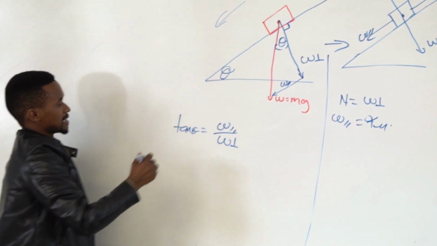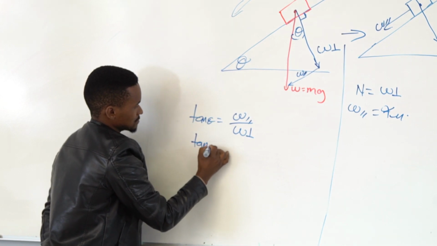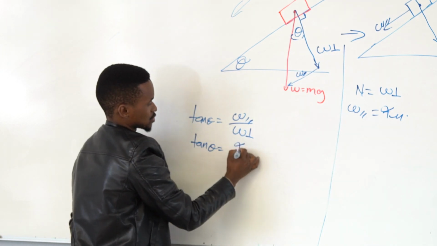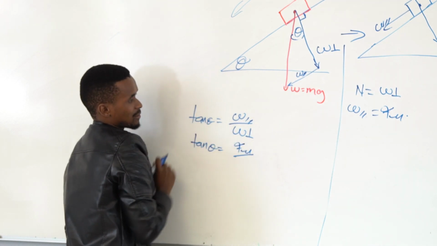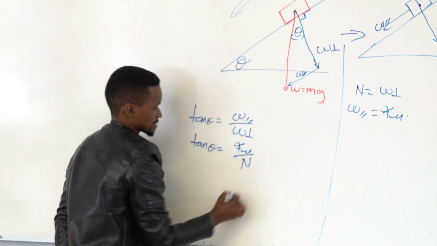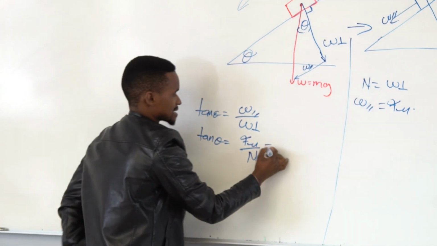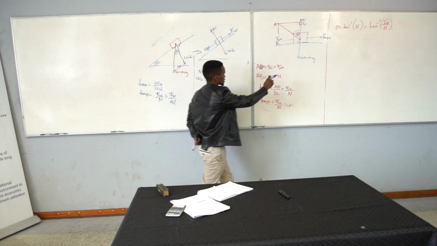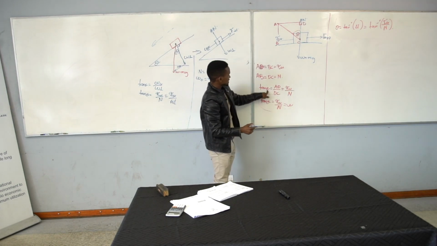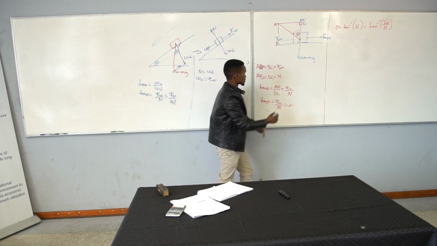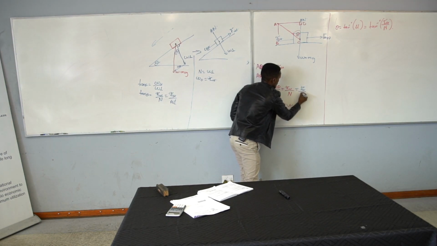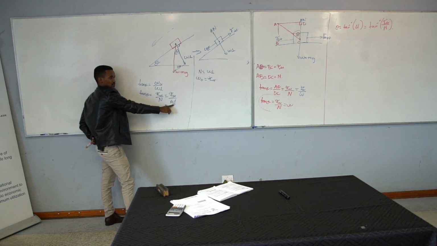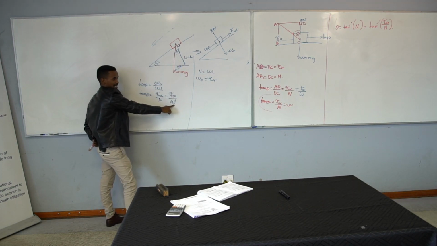Now, tan theta: remember we said W parallel is the same as the frictional force, and W perpendicular is the normal force, right? So what you've noticed is that on inclines, it's not like on the horizontal, where tan theta is the frictional force over the normal force, or the frictional force over the weight. On inclines, it will be the weight perpendicular, not just the weight, right?